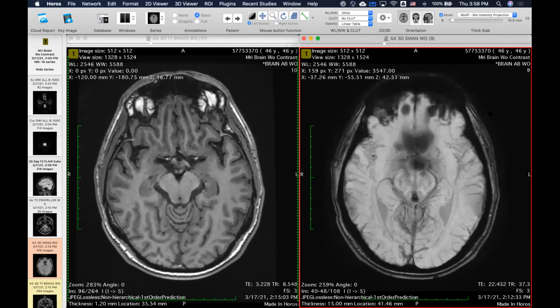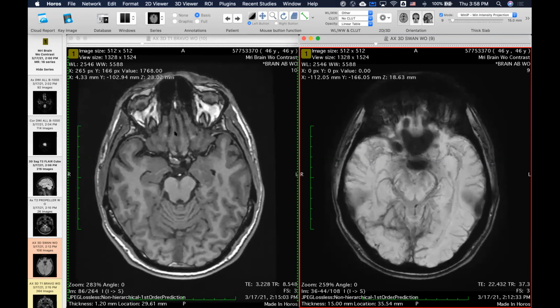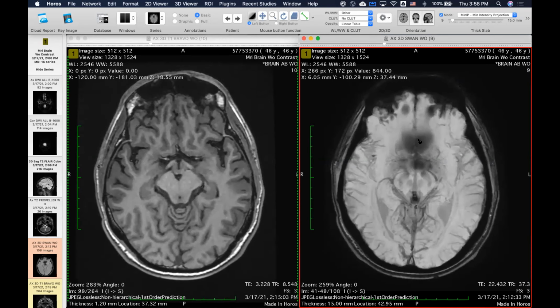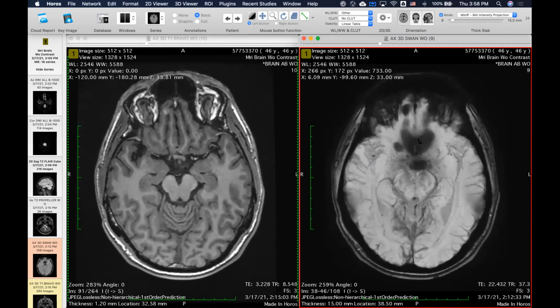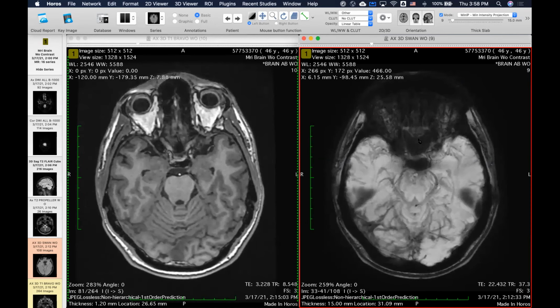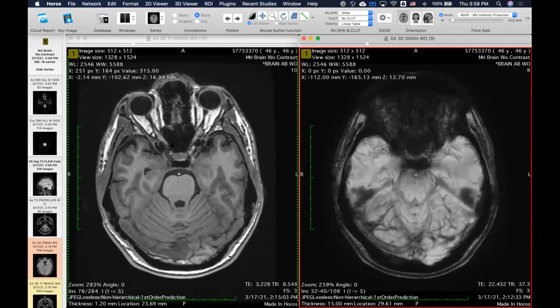What's going on here? That's the head of the ventricle, right? Well, you can see on the left what you see, and here it's kind of black. Right? But what is that?